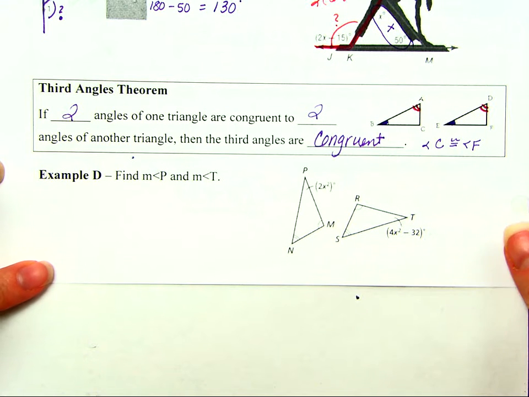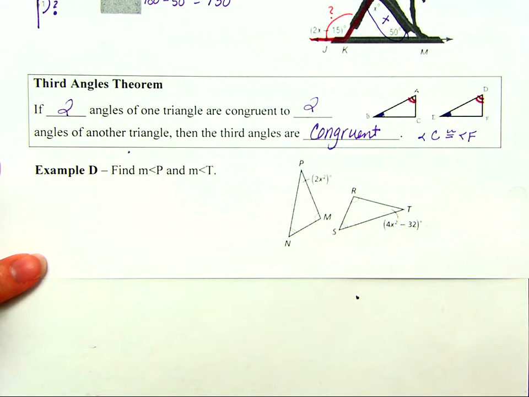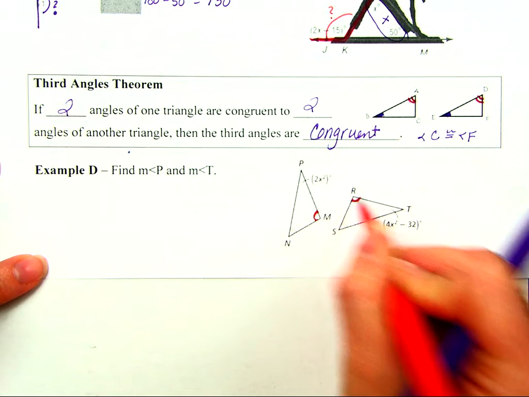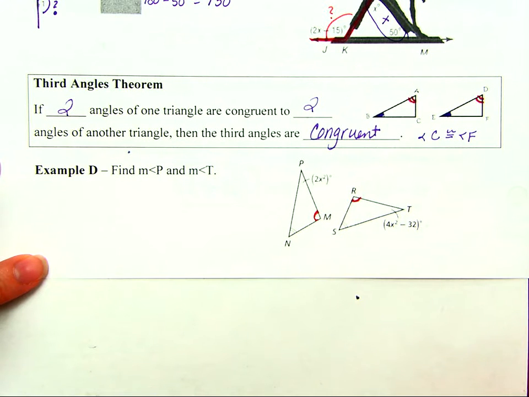So as I take a look at solving for angle P and angle T in example D, at my diagram, I don't have enough information to add my angles to 180 degrees. But I do see that angle N and angle R are congruent.